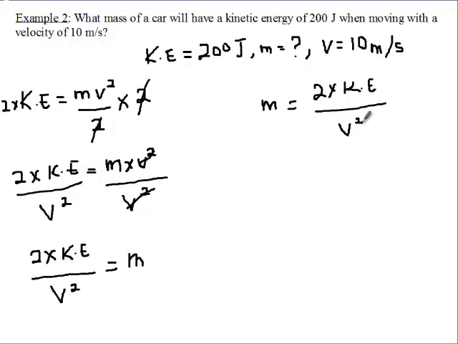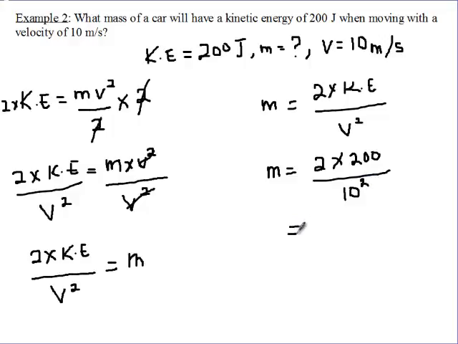Now let's replace the parameters with their values. So M, the mass, is now equal to 2 times KE. The KE is what? 200. 2 times 200, all divided by 10 squared, because the velocity is 10 and then it is squared.